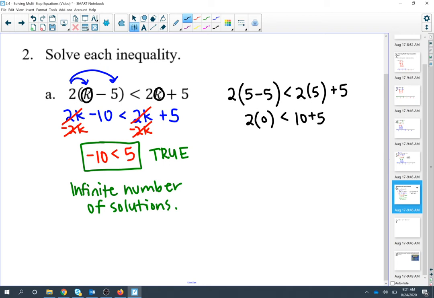Well, 2 times 0 is 0, which is less than 10 plus 5 is 15. That is true. So at least one of the solutions I picked is true, but really, because our statement here, negative 10 is less than 5, is a true statement, you would be able to pick any number you want, substitute it in, and it would be true.